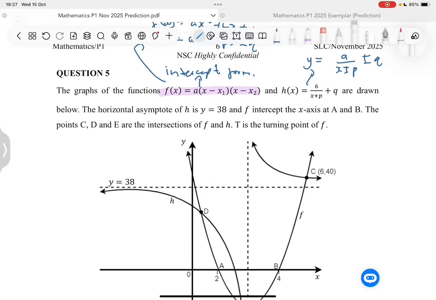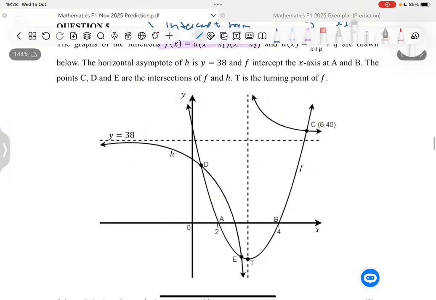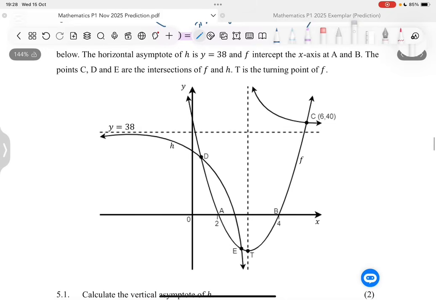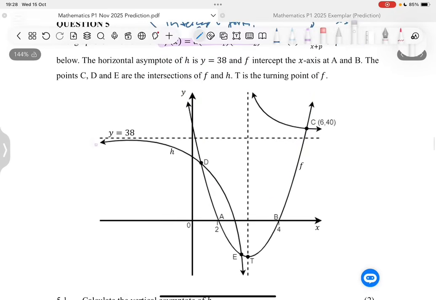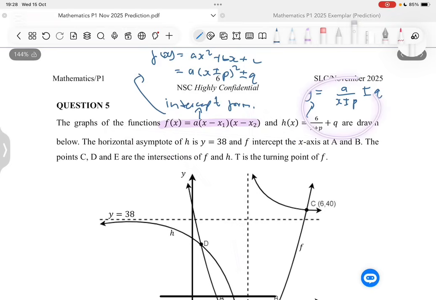The other thing that we might need to observe about these functions is to look at them on the sketch. You would see that this parabola here will represent the function f, which is given by this formula. And this sketch here, together with the asymptote, will then represent the hyperbola.